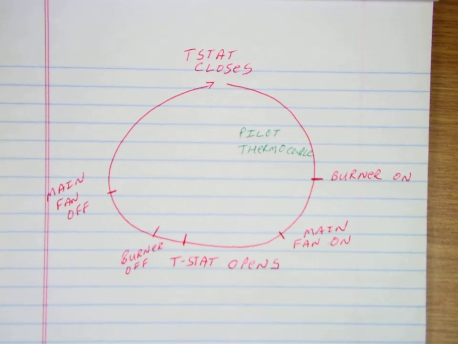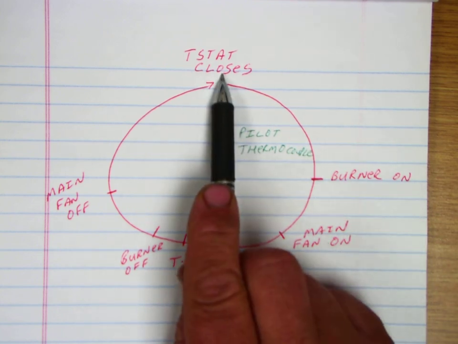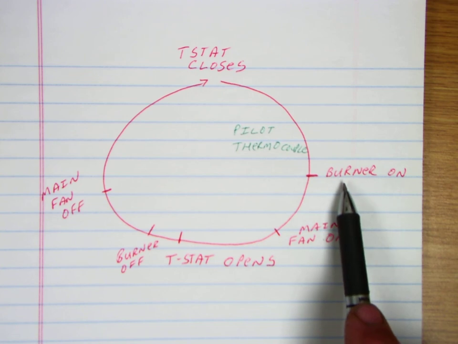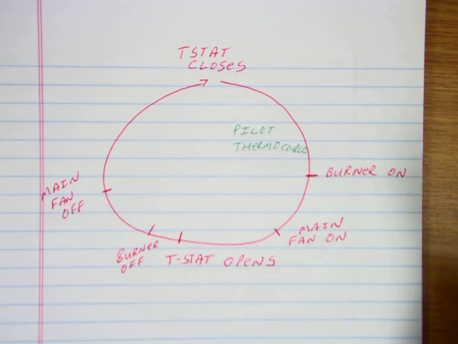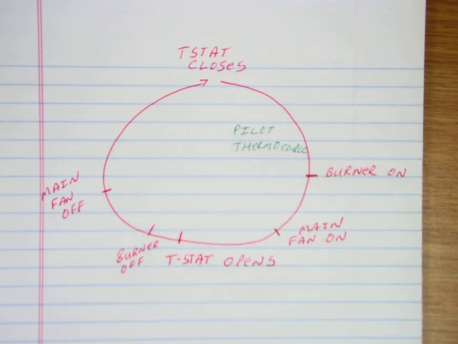The big difference with the efficient furnaces over the basic furnaces is that when the thermostat closed, it did not turn on the gas valve. Okay. Efficient furnaces don't have a standing pilot light.